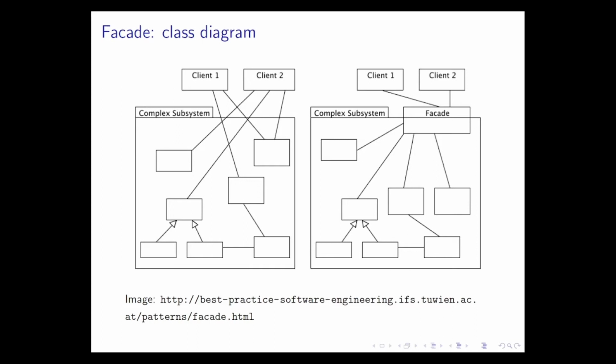So it kind of looks like this, and hopefully you'll understand that's basically just what I said. Client 1 and Client 2 in the old system on the left were having to understand something about what was in the complex subsystem and go directly to those classes, whereas on the right they are just going to the Facade class, and the Facade class is managing the request for the appropriate services from the classes inside.